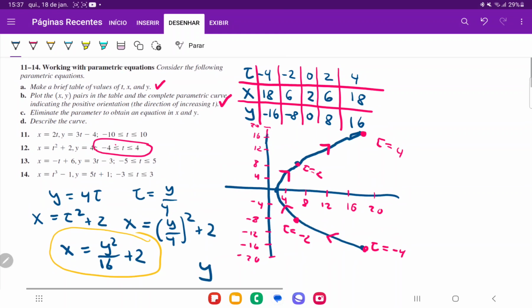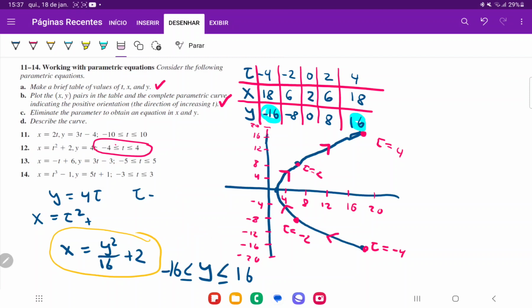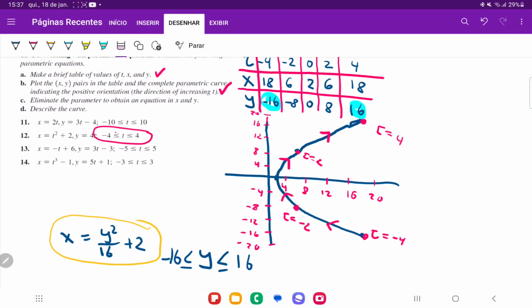We can see here on the table that y goes from -16 to +16. It takes on all the values in this range. So therefore, we're going to say that y goes from -16 to 16. So let me erase all of that so that we just get the important information here. So that's our curve when we eliminate the parameter and we express it in x and y. So we can put a check mark here.